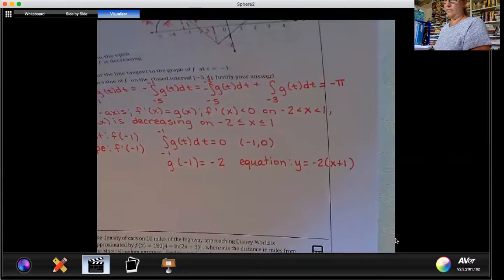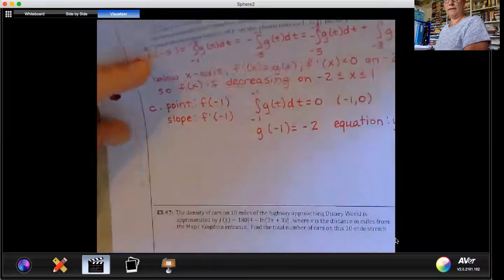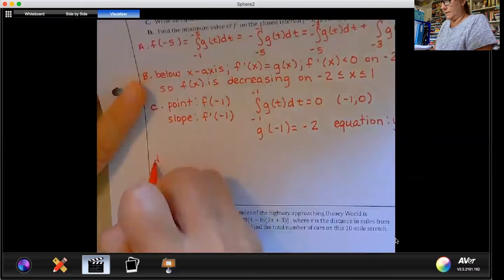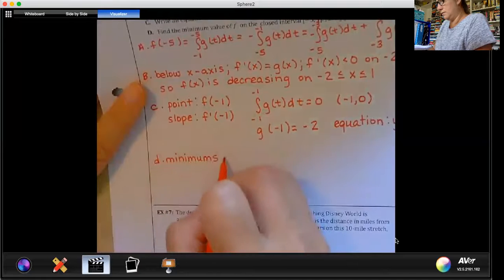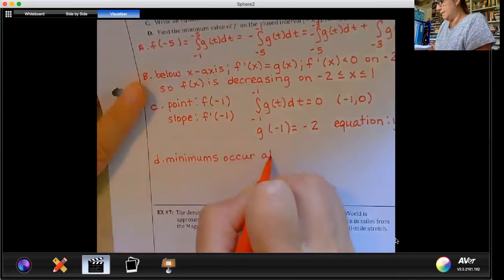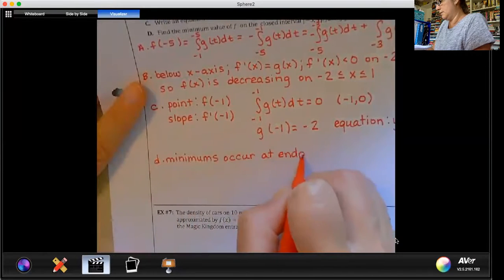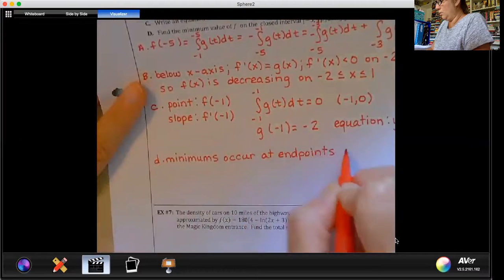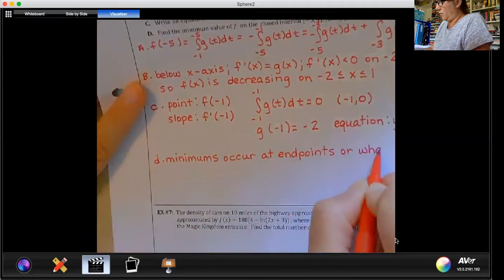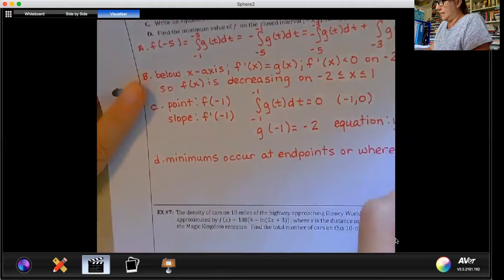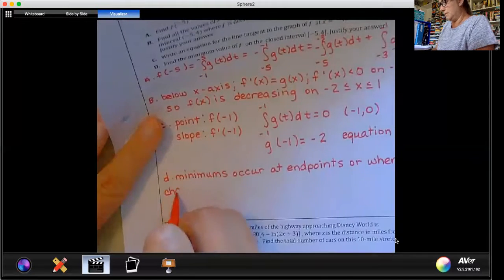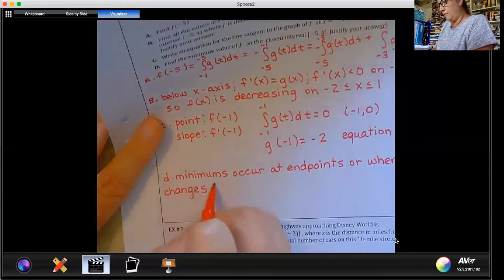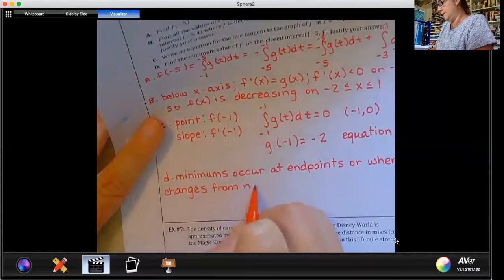Find the minimum value of f on the closed interval from -5 to 4 and justify your answer. All right, minimums occur at endpoints or where f prime of x, which equals g of x, changes from negative to positive.